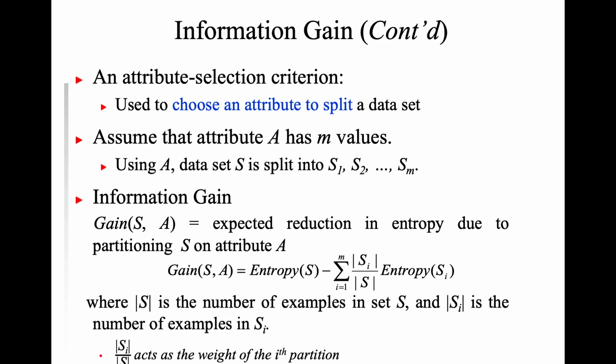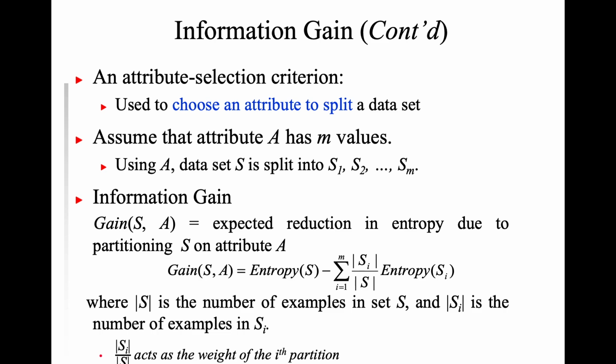For the attribute outlook, what would be the M? The number of values, right? So we can go to S1, S sunny, S2, S overcast, and S3, S rainy. So these are our partitions, subsets of our data, right?